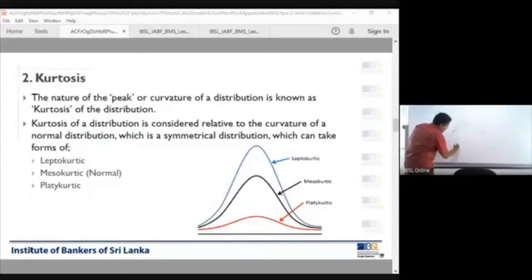If I draw one illustration here, you may see a skewed distribution like this. For this distribution also, the curve may be like this, or it could have a higher pattern. For the other side also, you may discuss the same. Could be like this, or this. But for illustrative and educational purposes, we only discuss the curvature in relation to a normal distribution. So that is what is said in the slides.